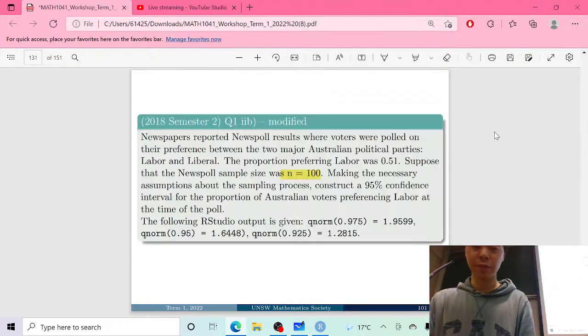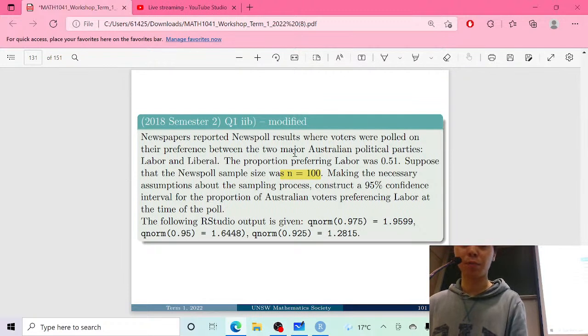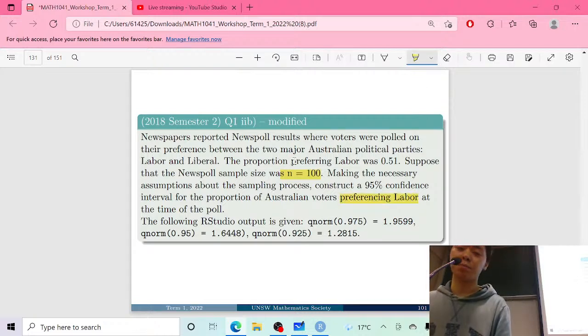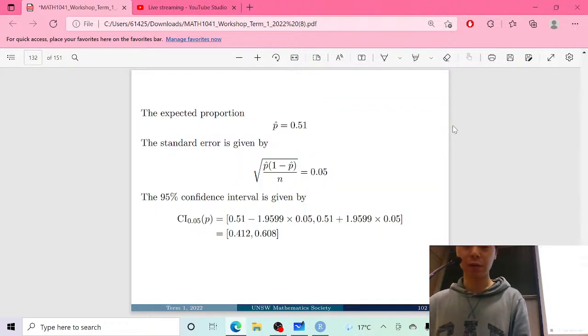So the first thing we want to notice is that the proportion preferring Labor is 0.51. Because we want to construct a 95% confidence interval for the proportion of Australian voters preferencing Labor, the proportion estimation is going to be 0.51. So that's the first observation that we can make. And because we found what p hat was, we can also find the standard error.